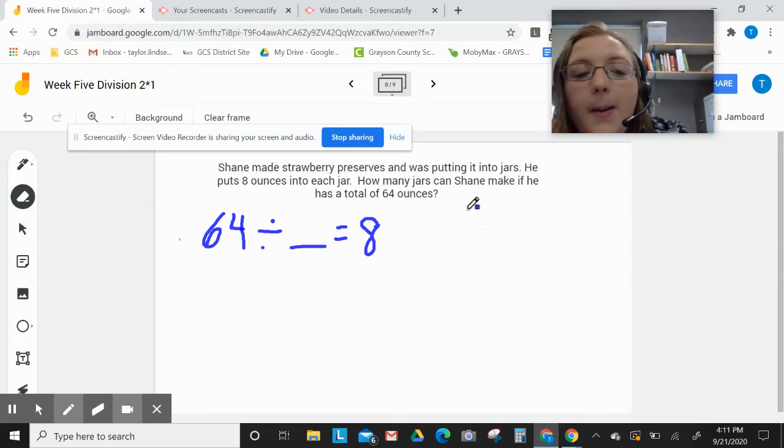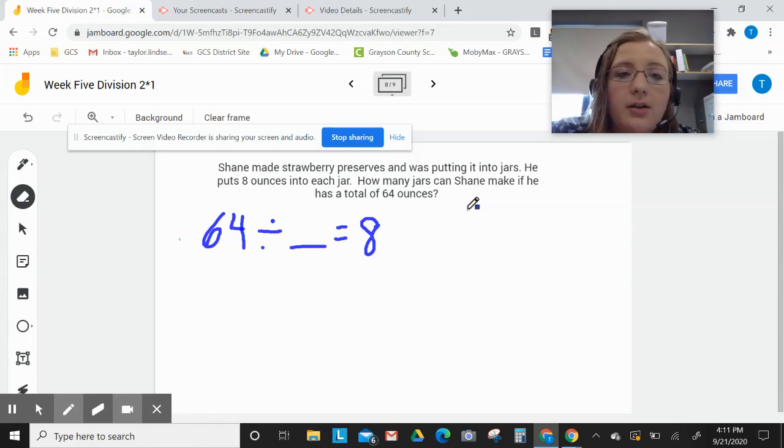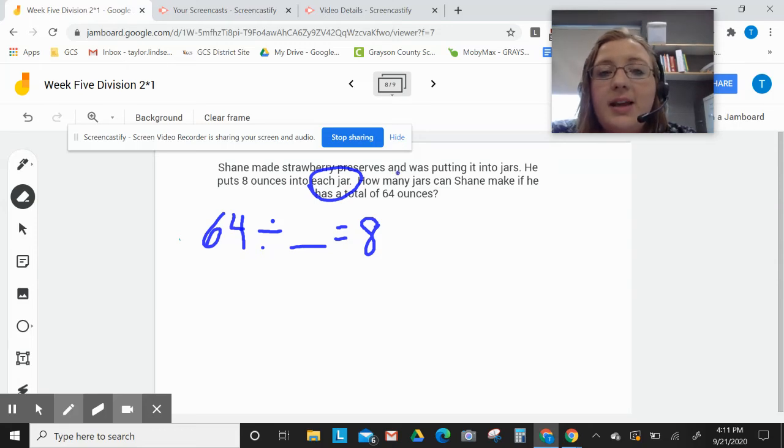I know this because altogether I have 64, and I'm looking for the number of groups, so I left my divisor place open. I now know that 8 ounces will fit into every jar. So this one says in each jar we're going to have 8. This one says how many jars.